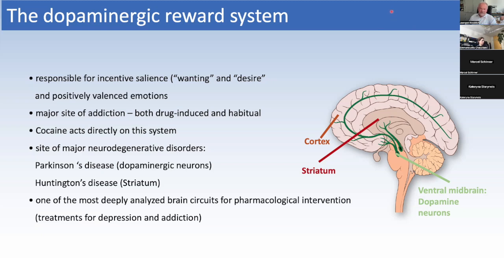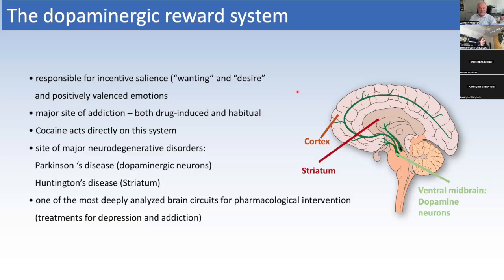And unfortunately, one can also artificially stimulate that circuit. Cocaine is very good at this, and therefore it's also a major site of addiction, but it's also the site of habitual addiction. For example, gambling or these things act on that circuit.